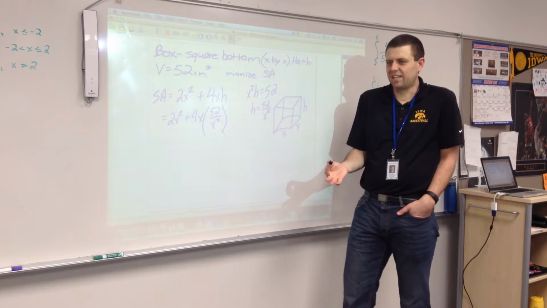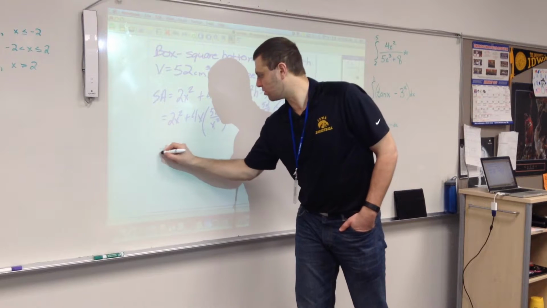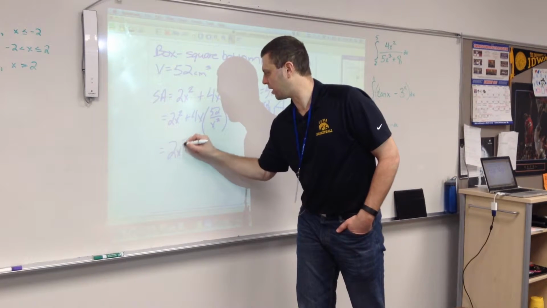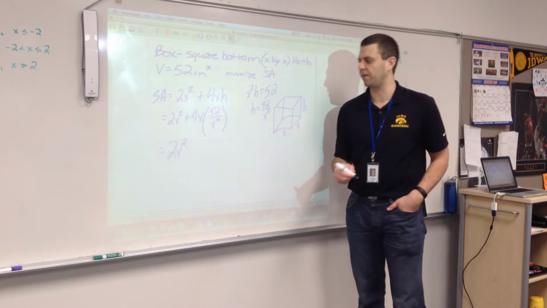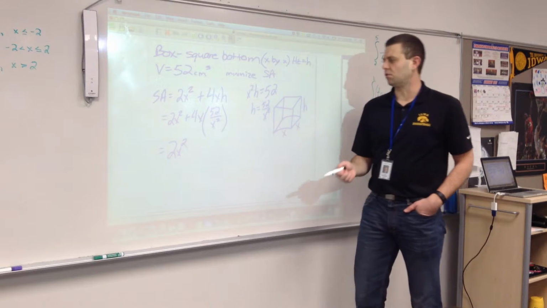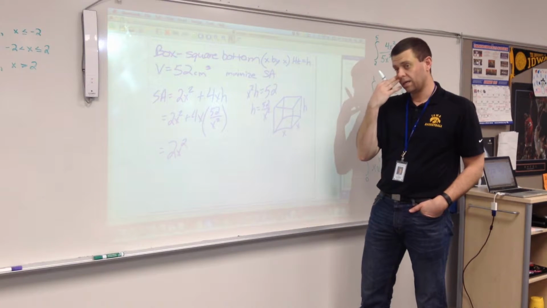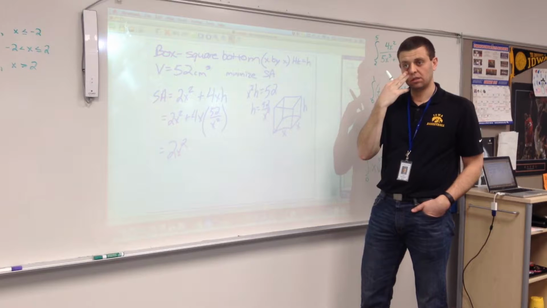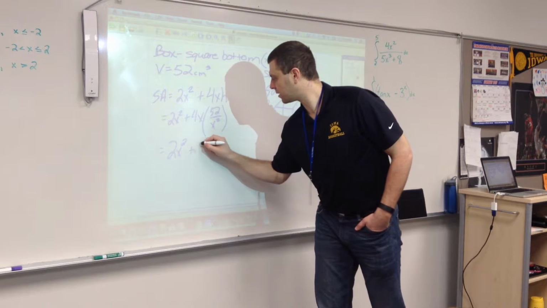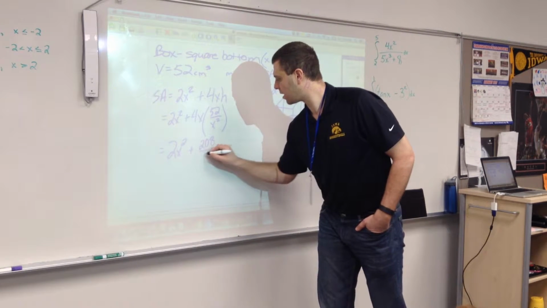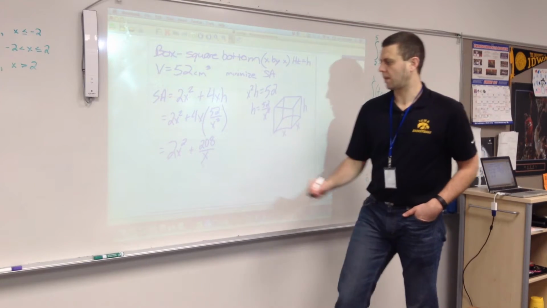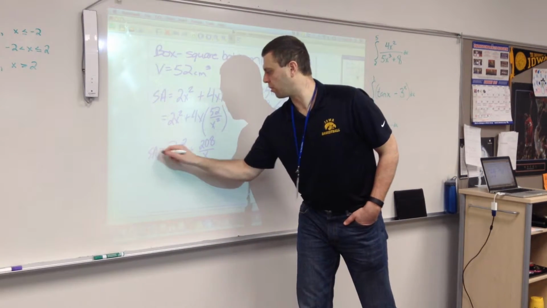You could leave it like that. I like simplifying personally, but you could definitely leave it like that if you wanted to graph it now, if you're worried you're going to goof up when you're simplifying. 4 times 52 would be, what, 208? So you get 208 over x.